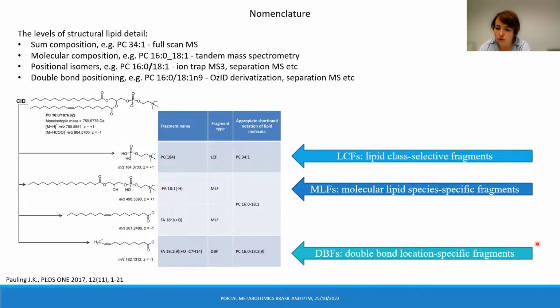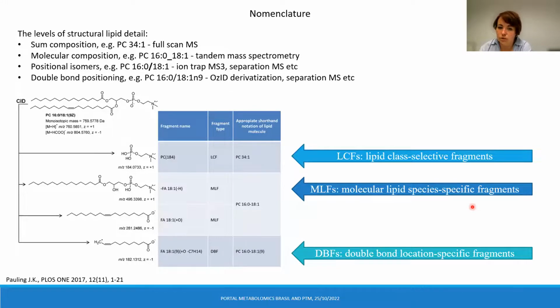These are not so frequently used because if you are using lower collision energy, you will not always see such information in your MS spectra. But regardless, whether you follow the previous classification or this one, it's nice if you indicate which fragments correspond to which class.